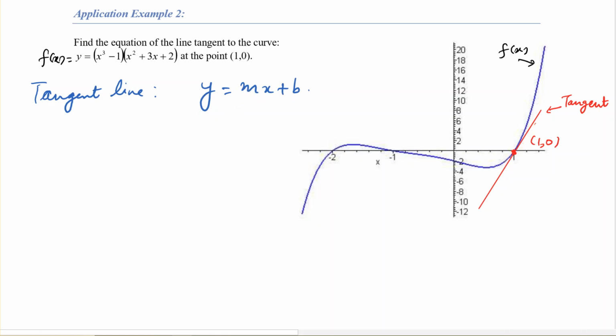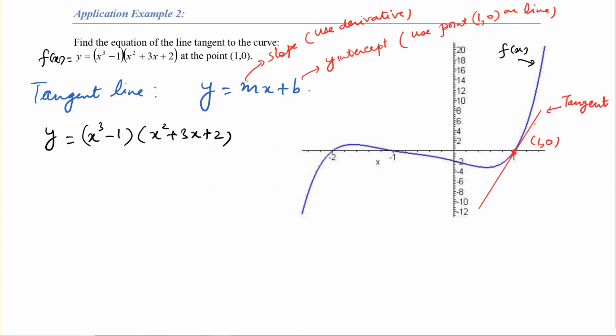For the slope, we use the derivative. We find the derivative of the curve at the point 1, 0, and then find the y-intercept using the information that the point 1, 0 lies on the curve.